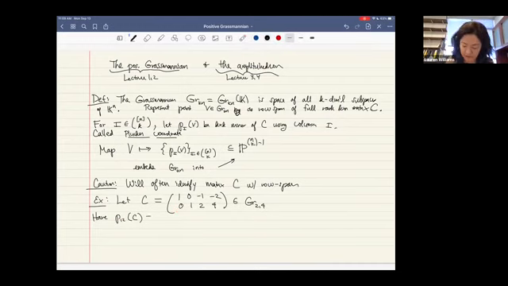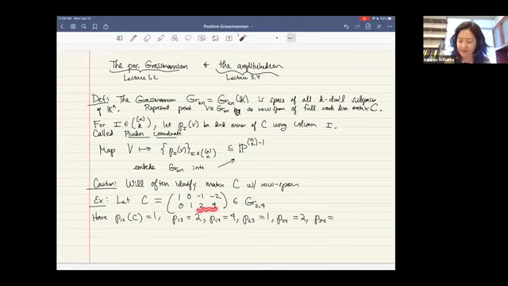This is 1. P_{1,3} is 2. P_{1,4} is 4. P_{2,3} is 1. P_{2,4} is 2. And P_{3,4}, which is the determinant of the submatrix in columns 3 and 4, is 0. Okay, so this is the Grassmannian and its Plücker coordinates.